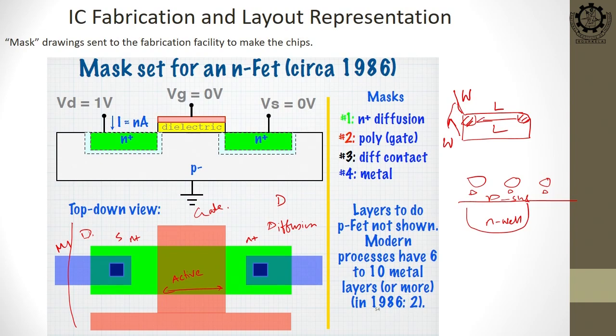Suppose I have 3 NMOS and as a designer you are thinking that I know the substrate is common to all. So, I will give only one contact for the bulk connection. I will give only one contact here and make it ground, but it will give a soft warning.